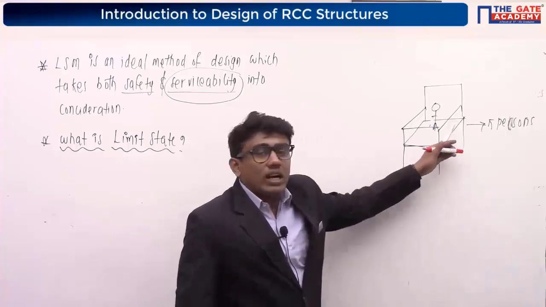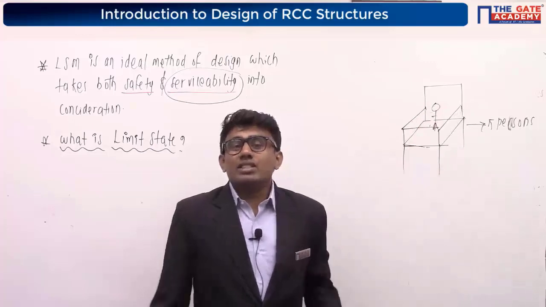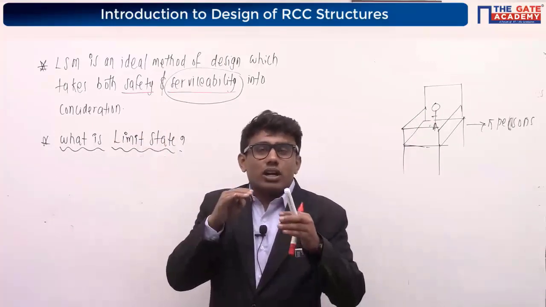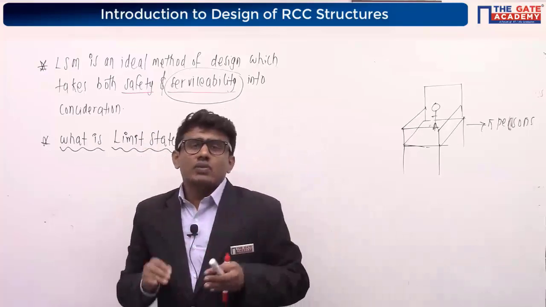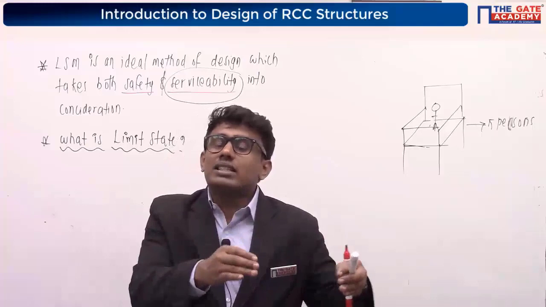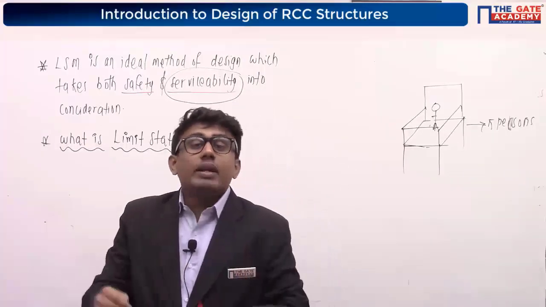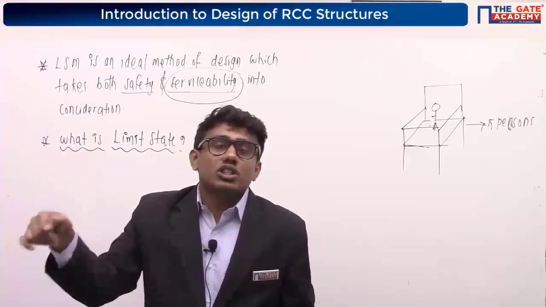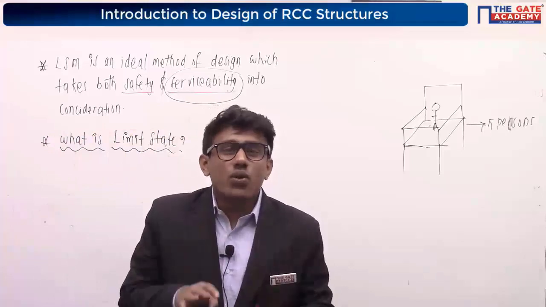If it can carry 5 persons' load, the structure is safe. When a 6th person comes, the structure becomes unsafe. So for a safe and serviceable structure, we limit the load acting on the structure, and we limit the deflections, deformations and vibrations within a certain limit. That's the meaning of our limit state.